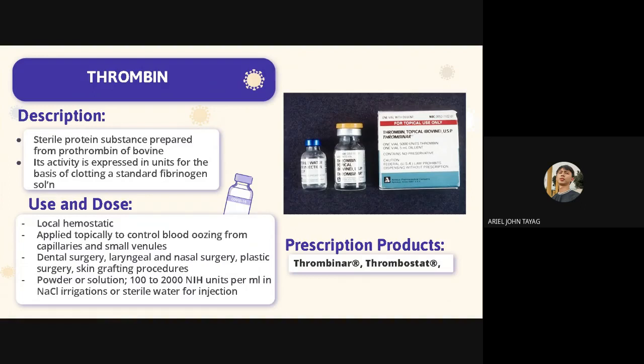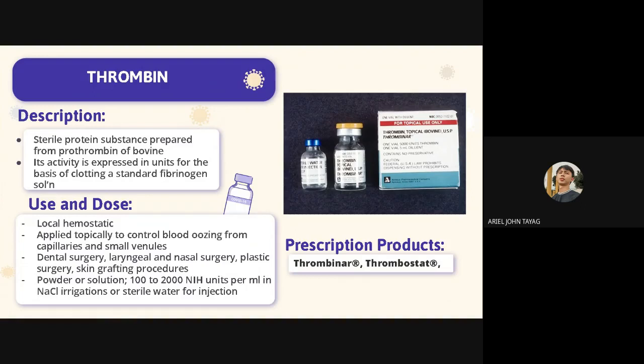So for the use and dose, we have local hemostatic. So when we say local hemostatic, these are agents that provide control of external bleeding by enhancing or accelerating the natural clotting process through various physical reactions between the agent and blood or by mechanical means. So it is applied topically to control blood oozing from the capillaries and small venules when the area is accessible.